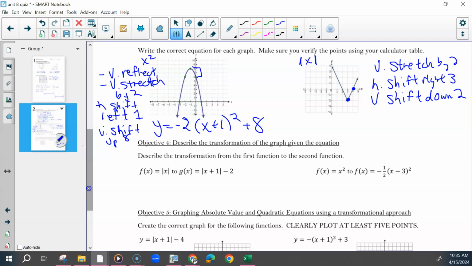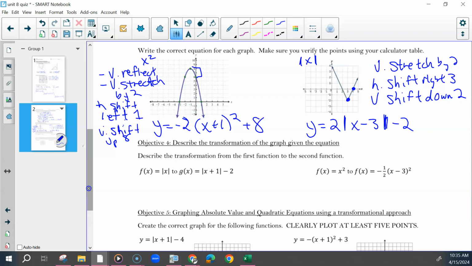So I need those 3 things in my equation. So y equals my a value, 2, times my absolute value, my h inside, x minus 3, and my k value outside. So 2 times the absolute value of x minus 3, minus 2 outside of that.